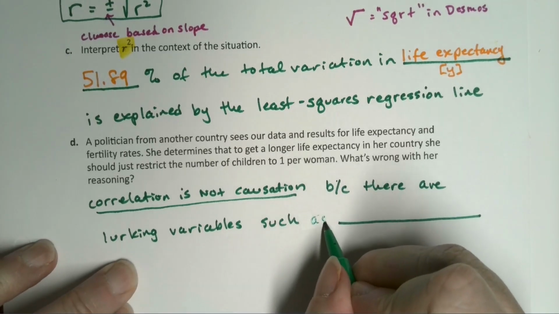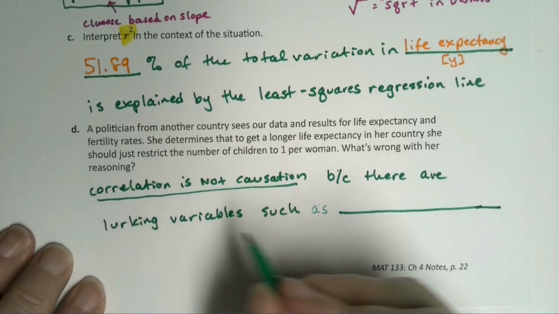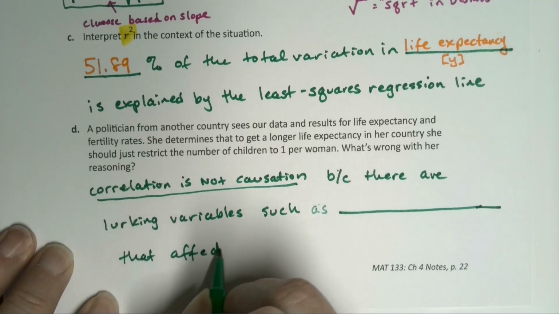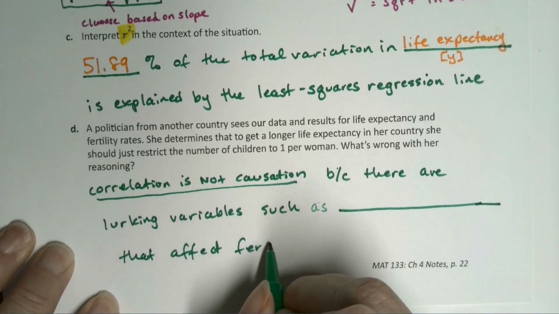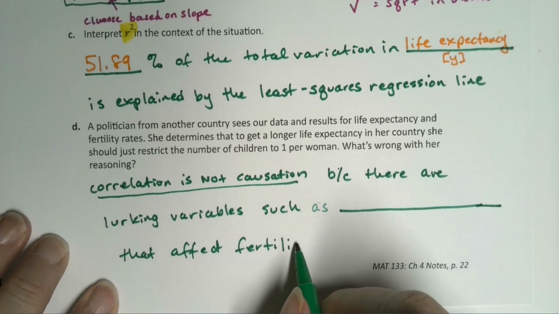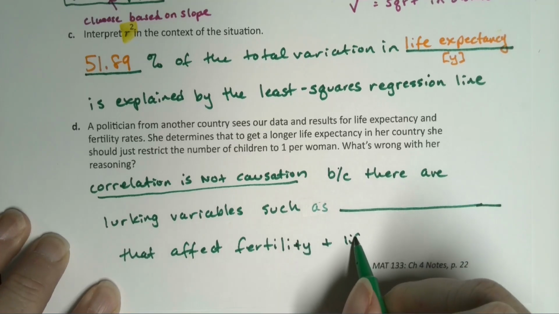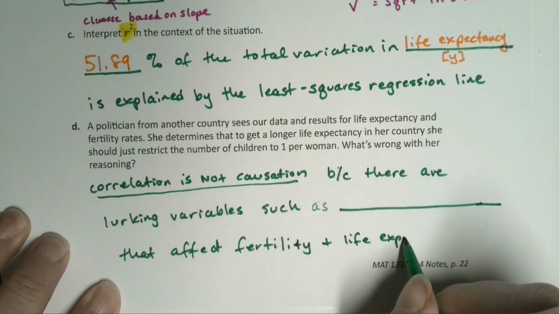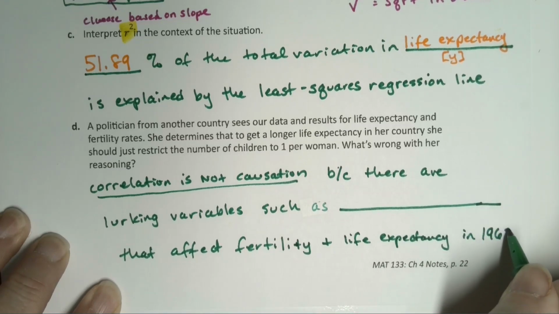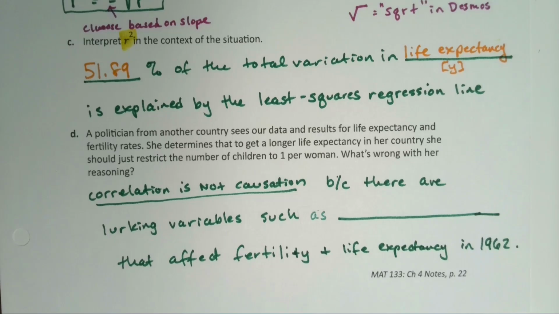So such as, and then we'll figure something out that affect fertility and life expectancy. And remember, this was in 1962 as well. Right? This wasn't modern times. This was many, many years ago.